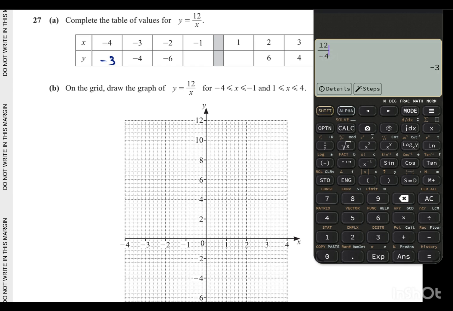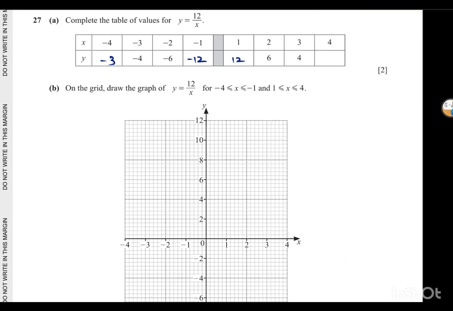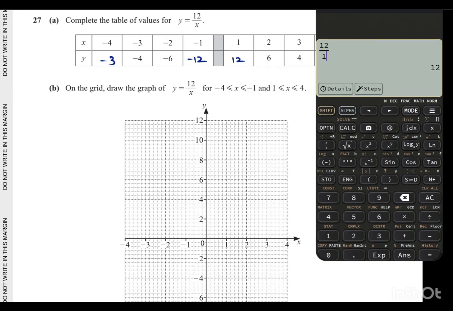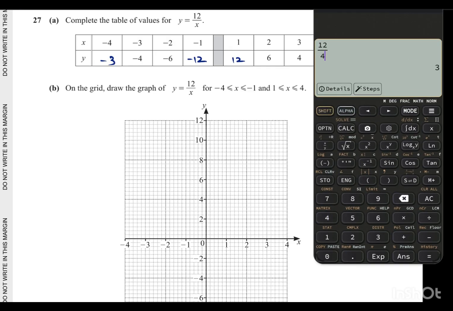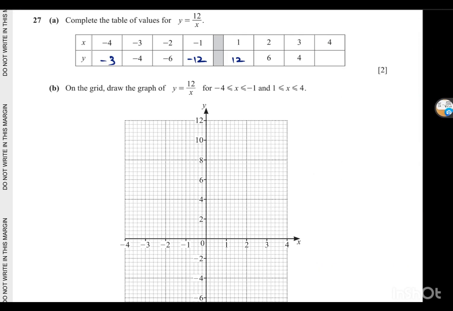Next, minus 1, minus 12. Next, 1 is 12. Then next 4, so it will be 3. You can check. The table is completed.